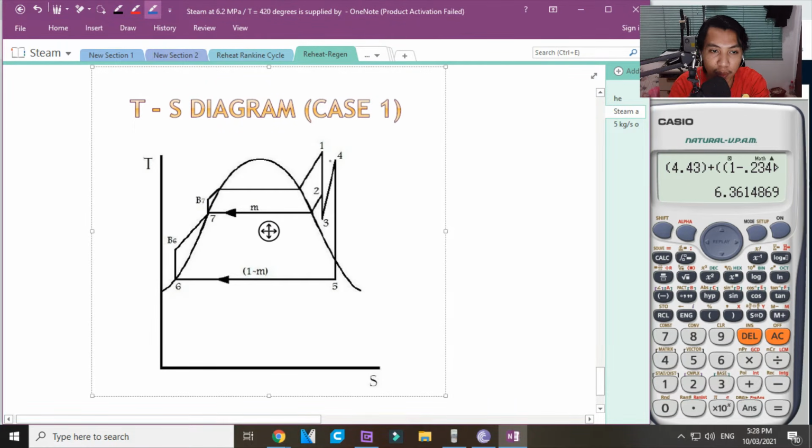Nasaan ba dito yung turbine mo? 'Di ba itong isentropic line na ito, tsaka isentropic line na ito. Dalawang work ng turbine mo diyan, 'di ba? Sa 1 pumasok ka sa turbine, lumabas ka sa 2. Lagyan mo ng arrowhead parati para hindi ka malito.